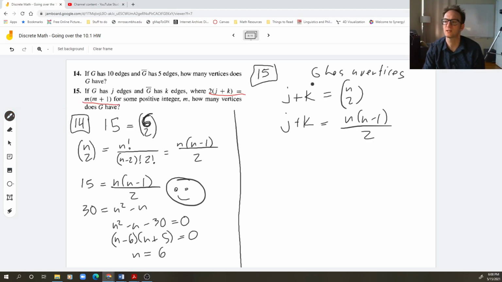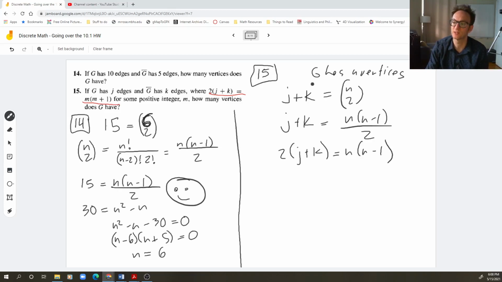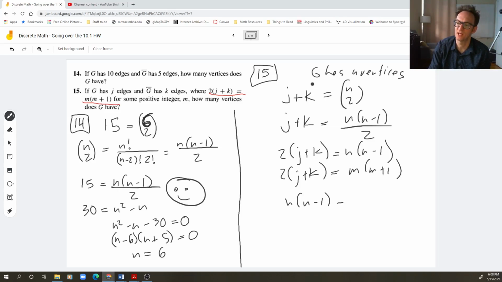So I think this is kind of a dumb problem. So 2 times j plus k, therefore, is n times n minus 1. But therefore, it's also true that 2 times j plus k is m times m plus 1.